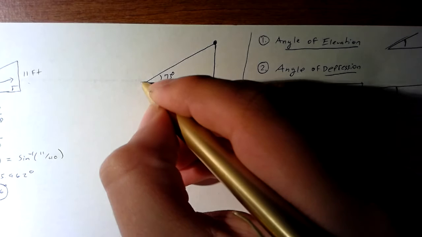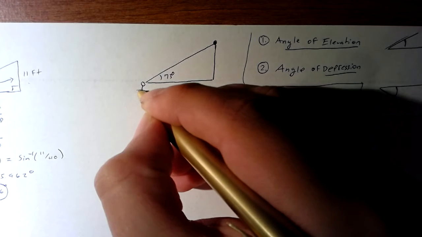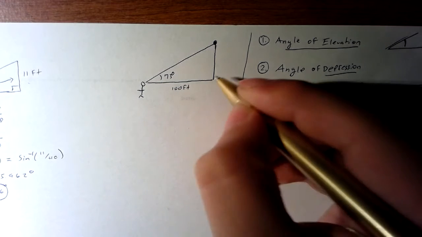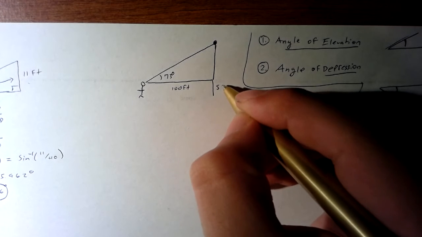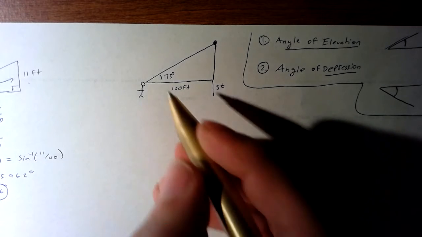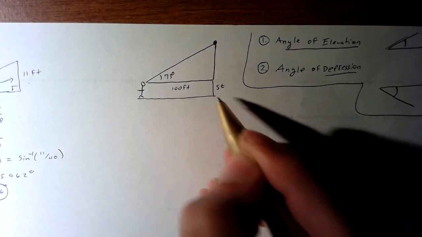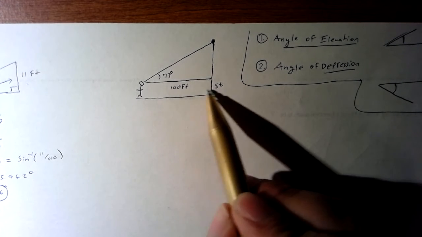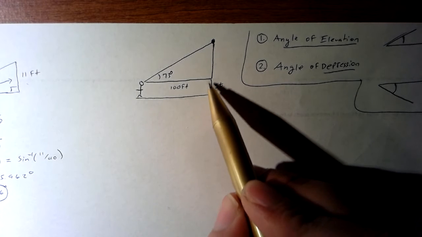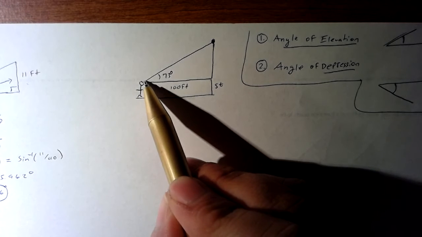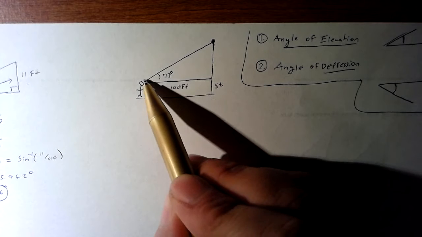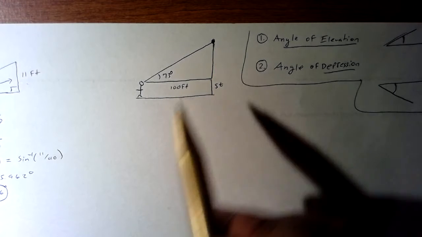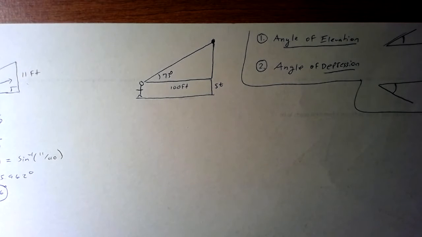That's important, so we're looking at her eyes here, which means the street is right here. I'm not trying to be too ornate with my picture, but here's the girl. Her eyes are 5 feet above the street, and she's looking at an angle of elevation of 73 degrees to the top of where the window washer is.